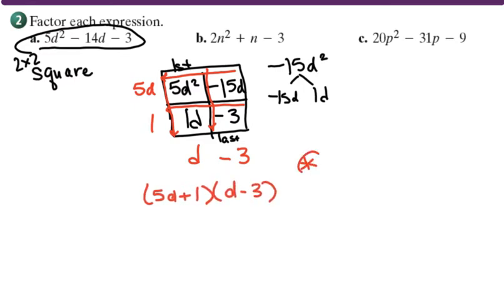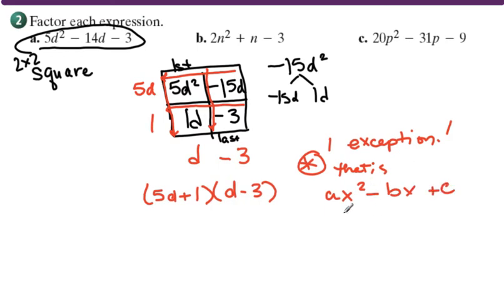Now there is one exception, and that is when you have ax squared minus bx plus c. Because when you do it, this will be positive, this one would be negative, this one would be negative, and this one would be positive.